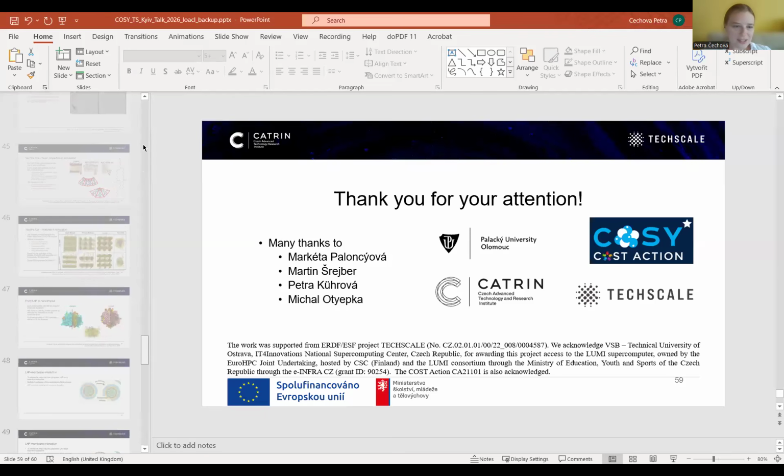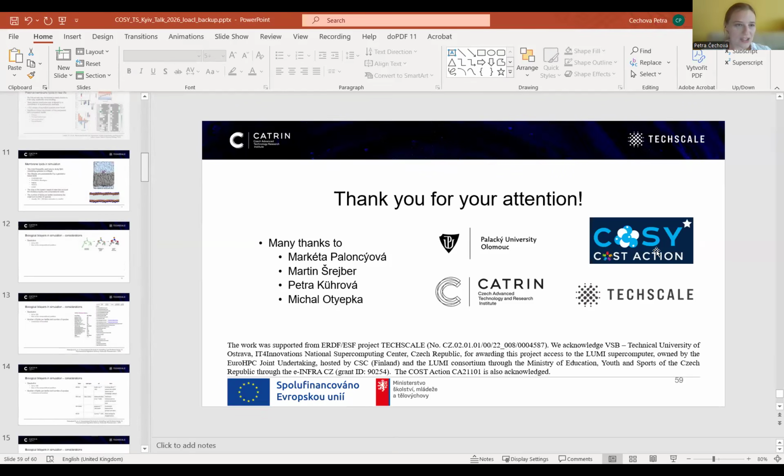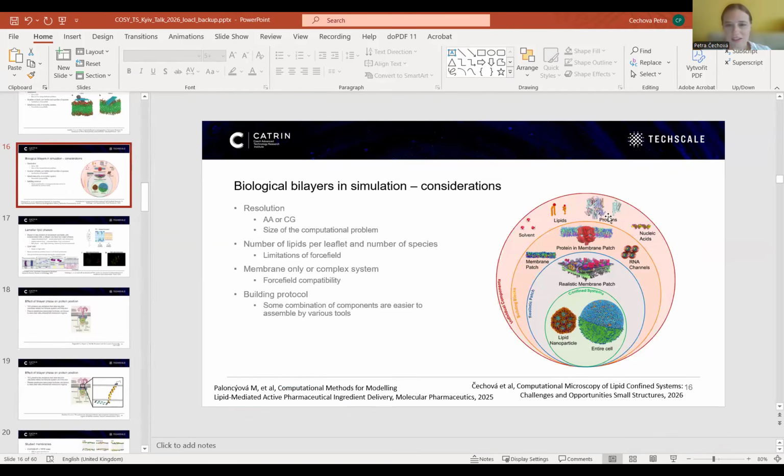Yeah, so actually, this is the topic of our perspective in the COSI special issue. So it is possible. The problem is that currently each step of the process is separate. Okay, let me go back to the presentation and just find the relevant slide. Okay. So basically, we have these different parts of the system, right?